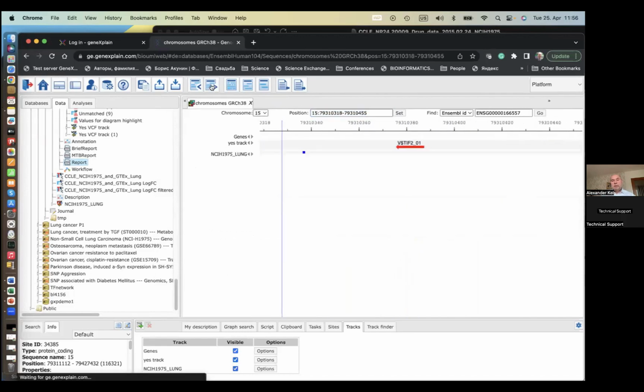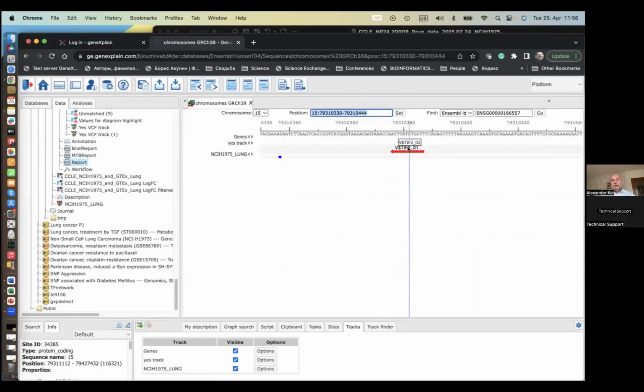You can zoom to the nucleotide level and see whether the mutation is actually hitting the binding sites. You can also go by yourself through this information flow and see all those cases.